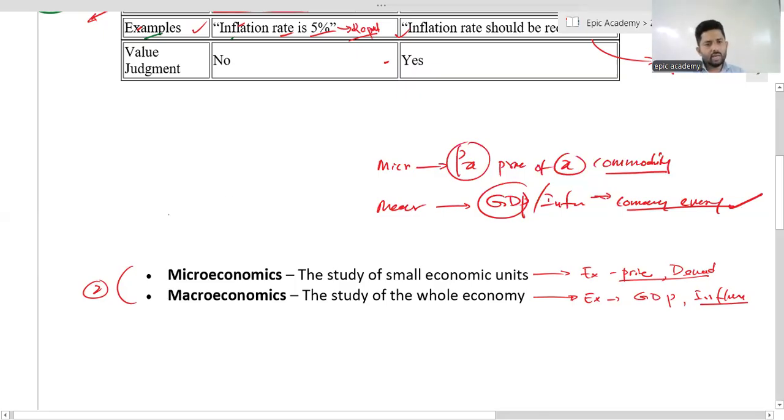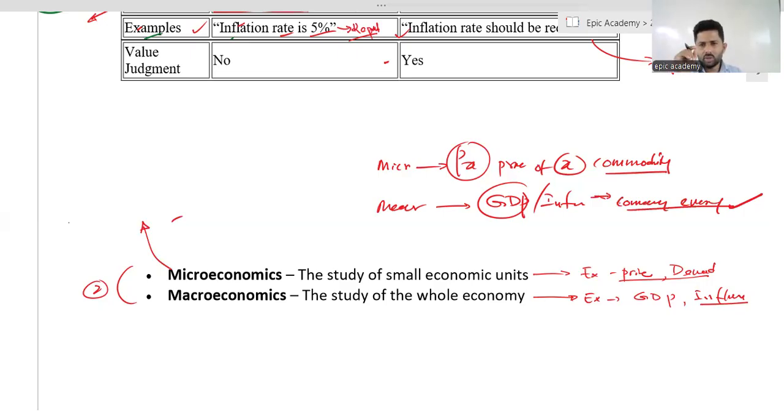So now you can identify, studying microeconomics creates real understandability related to the small units. But in macroeconomics, you are going to study the whole economy together at once. Whole economy together at once.